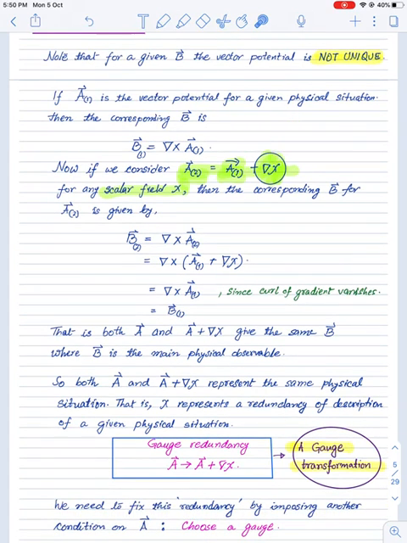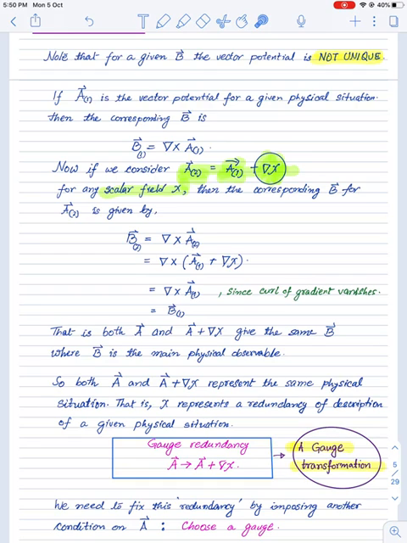Now this chi, the scalar field, therefore represents a redundancy in the description of the magnetic field in terms of the vector potential. Because whatever vector potential you give me as a solution to a problem, I can add to it the gradient of some chi, any choice. That will be a completely different vector potential.